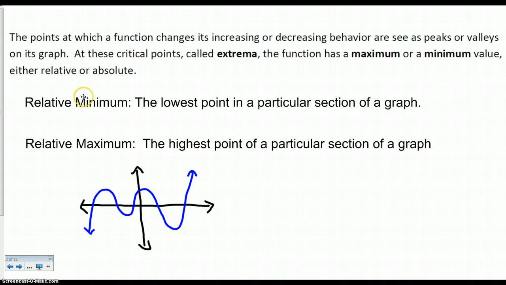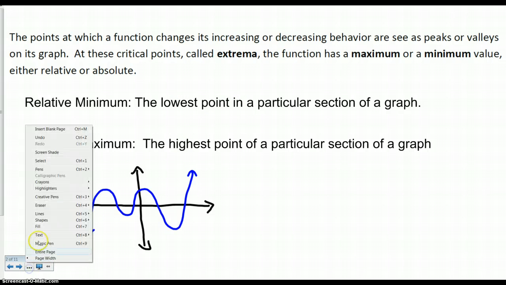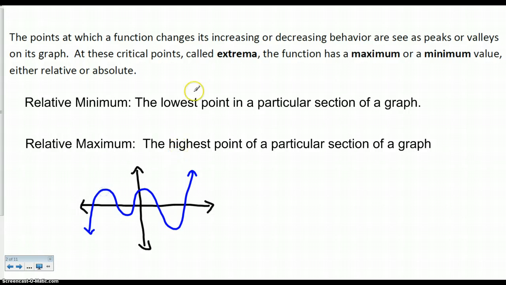So let's first look at this idea of relative minimums and relative maximums. Relative minimums are the lowest point in a particular part of the graph. I would consider them to be like valley points.